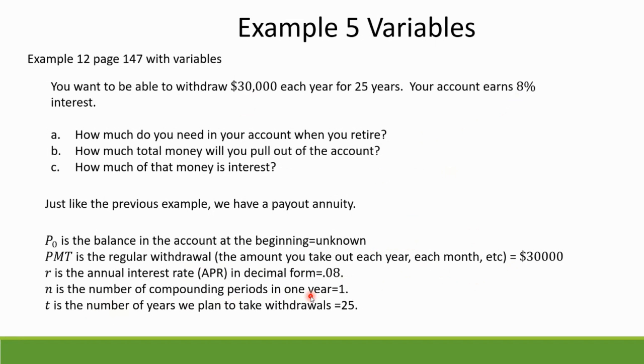That's really just a convention the book does. I think they could be different in applications in real life, but then you have to do a lot more work, and we're not doing that here. We're assuming, unless stated otherwise, that it's compounded as often as you make withdrawals or deposits.